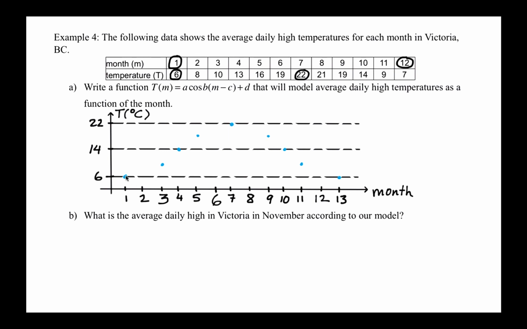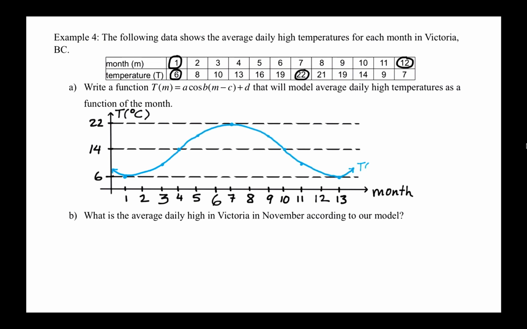And of course, halfway between month 1 and month 7, month number 4 would be at 14 degrees Celsius, approximately. And likewise, between month 7 and month 13, month number 10, we should be at 14 degrees Celsius again. And if I connect all those points together, we get a nice smooth curve.